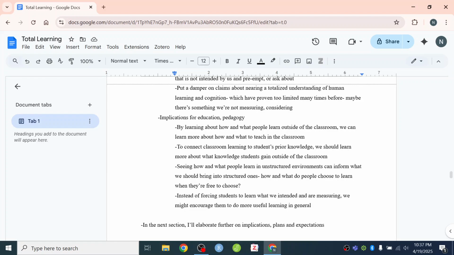Reaching the end here. Again, I plan to do a follow-up video, probably not as my immediate follow-up, but in the future, about further implications of the total learning framework, total learning construct, plans and expectations for myself in terms of the adoption and implementation of this framework.